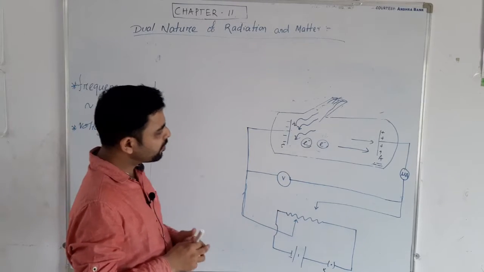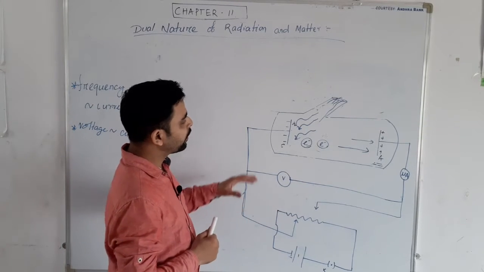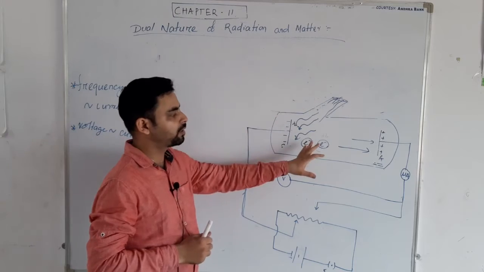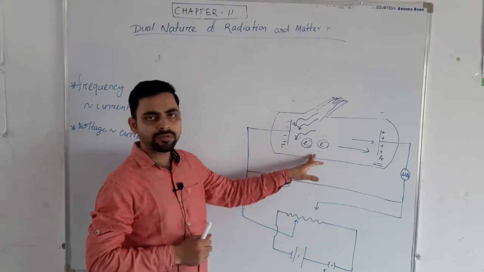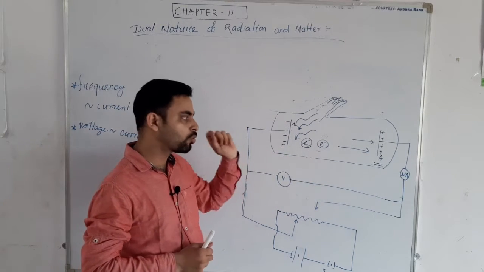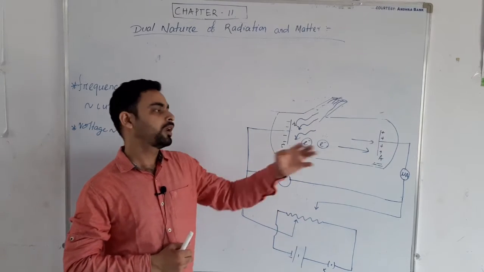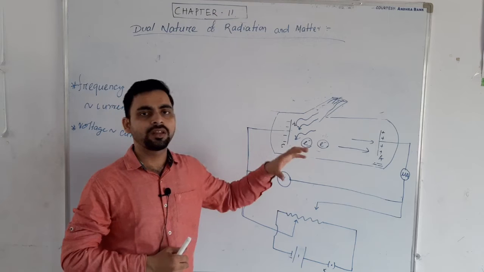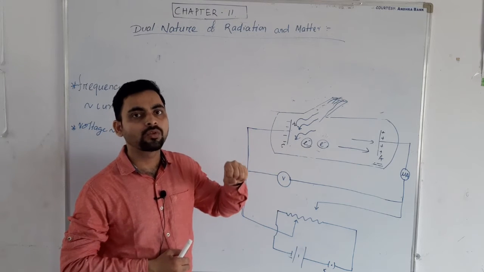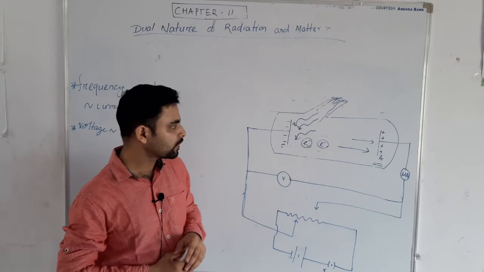In the previous class we discussed that photocurrent is directly proportional to the intensity, and we also studied that to initiate current, intensity doesn't matter; it depends on the threshold frequency.